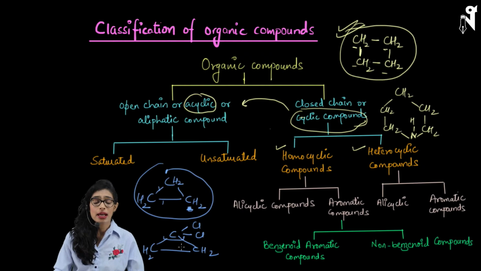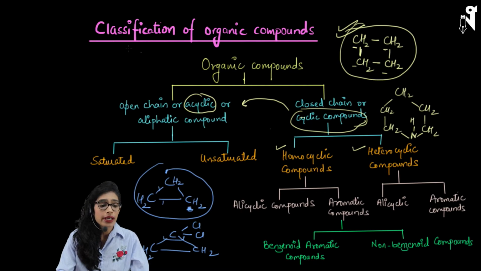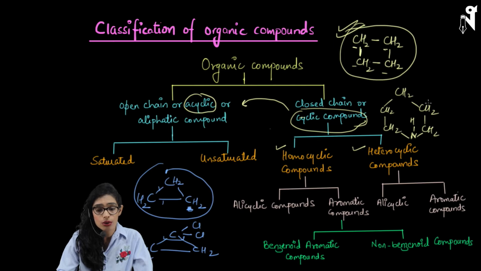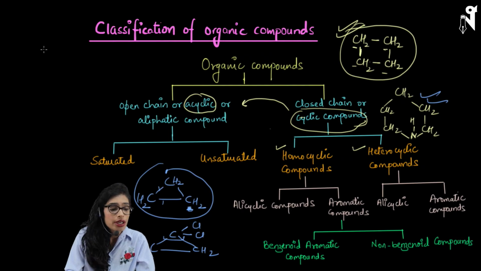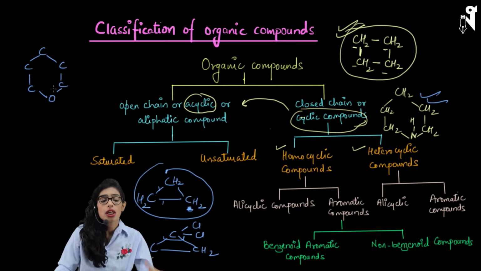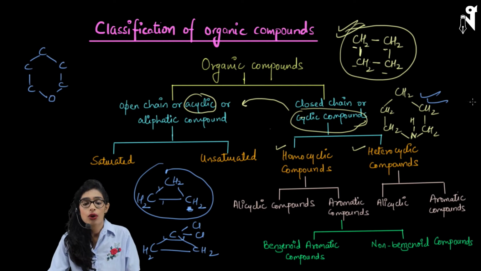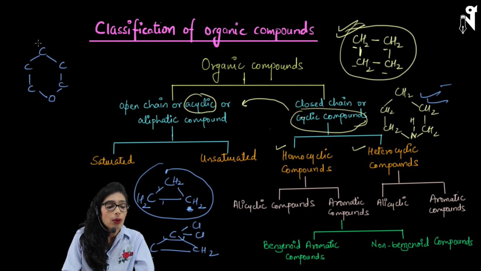Okay. Next comes the heterocyclic compound. Heterocyclic compound, as I have shown you one example over here. Let me rewrite it. My skeleton is made up of carbon and some other element. Let's write oxygen now to give you a different example. One I have already mentioned over here. So now I'll try to fulfill the valency. So it will be hydrogen, hydrogen over here.